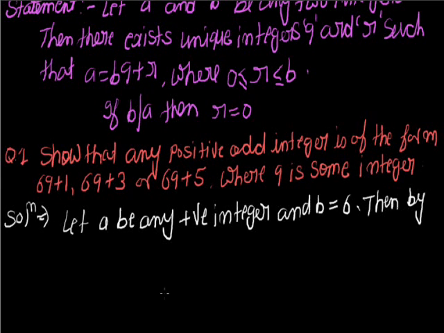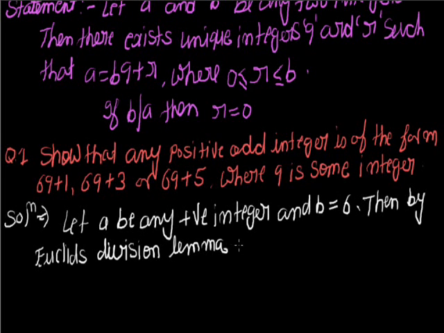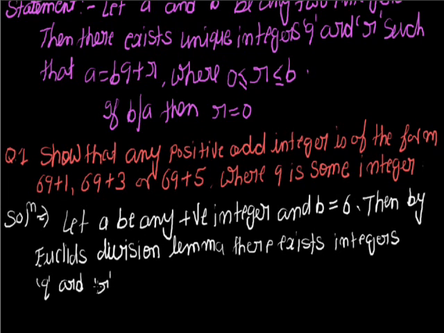Then by Euclid's division lemma, there exist integers q and r such that a is equal to 6q plus r.